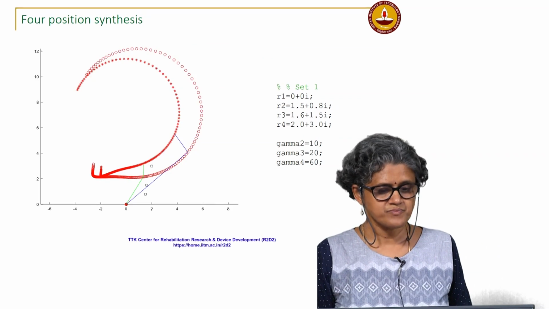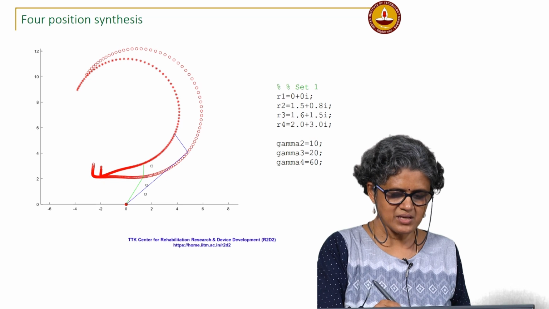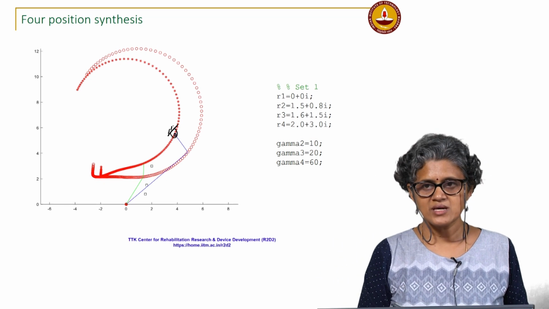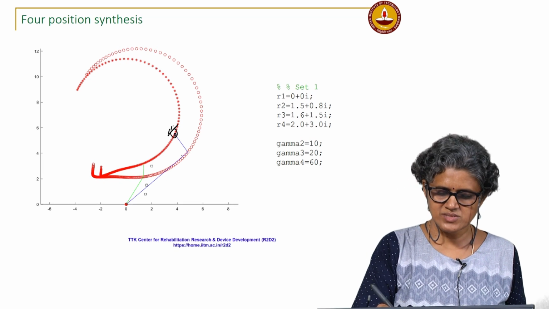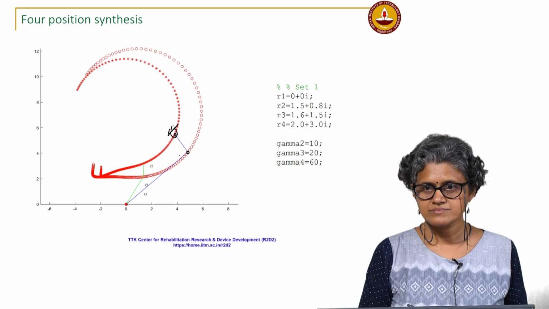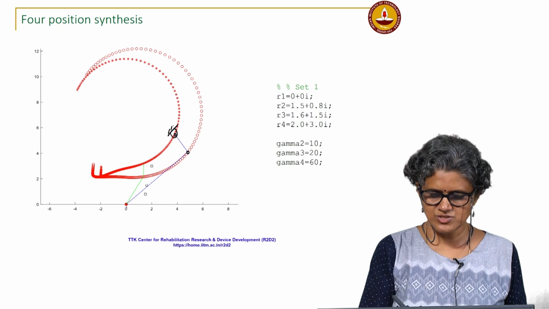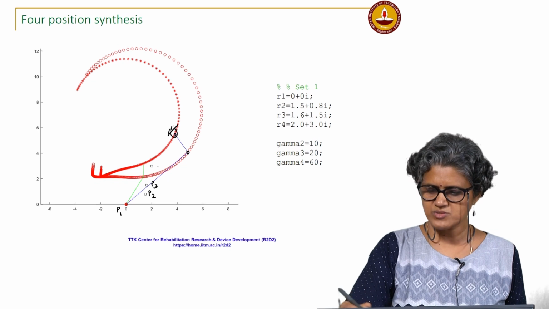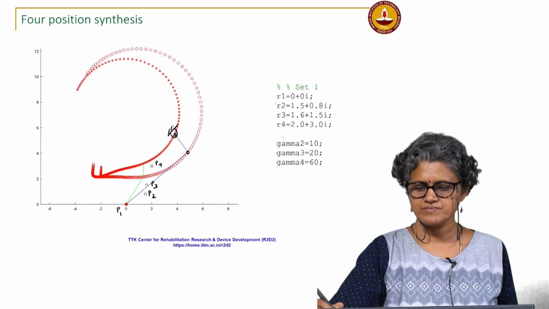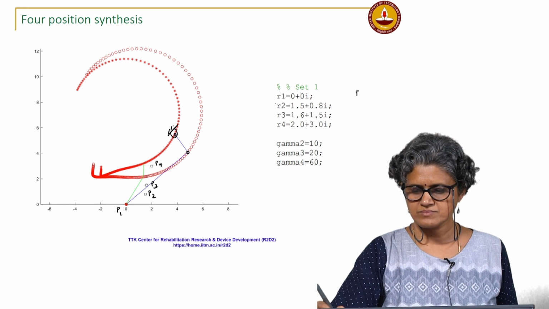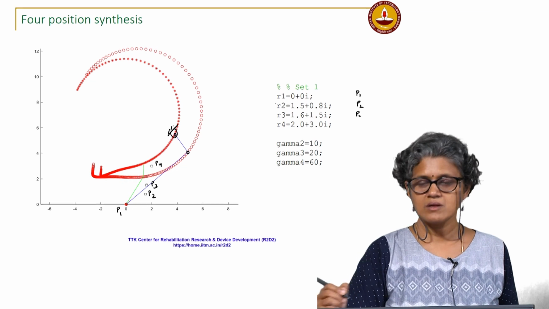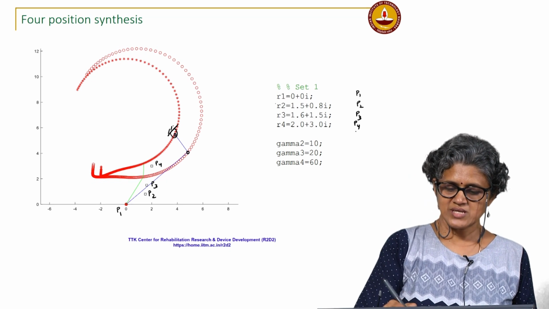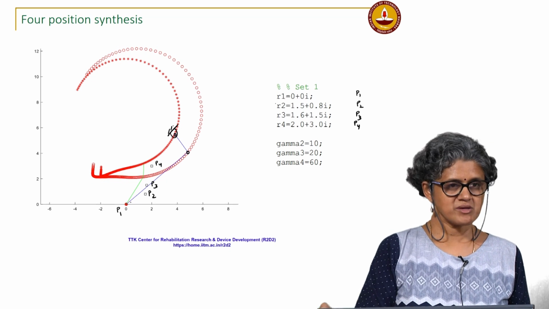So, here I pick this as my one fixed pivot, I found this is the corresponding circle point, this is my first position. So, these squares are P1, P2, P3 and P4 corresponding to R1, R2, R3, R4. So, these are the precision points P1, P2, P3, P4.